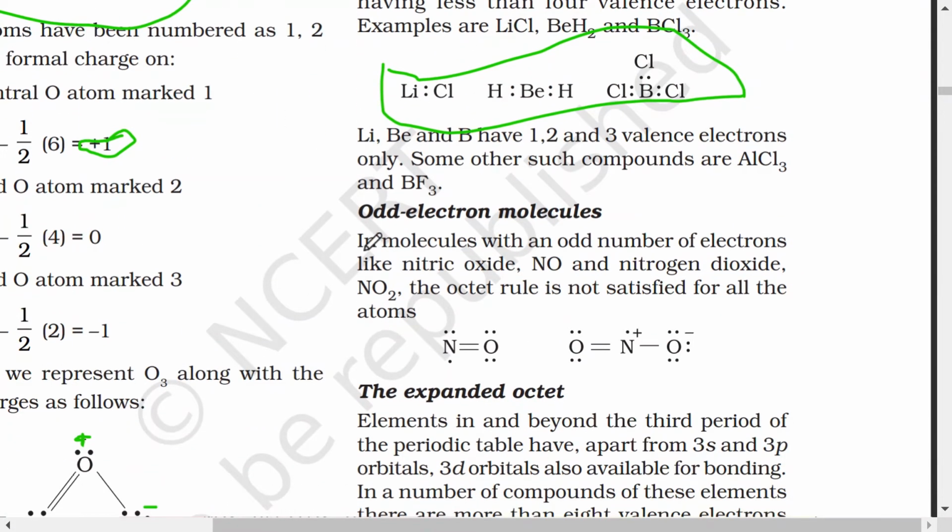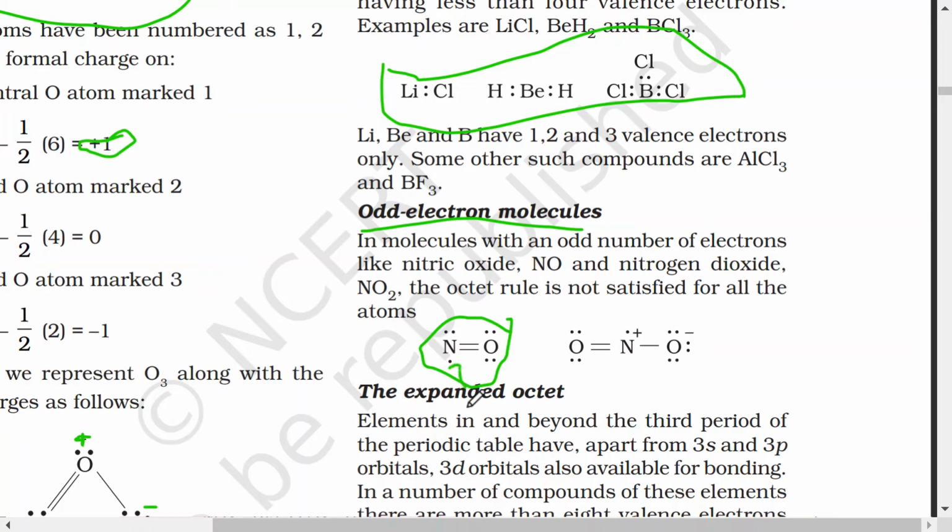Now, odd electron molecules. In molecules with an odd number of electrons, like nitric oxide NO and nitrogen dioxide NO2, the octet rule is not satisfied for all the atoms, right? Like in the case of NO, how many electrons does nitrogen have? 4, 5, 6, 7.